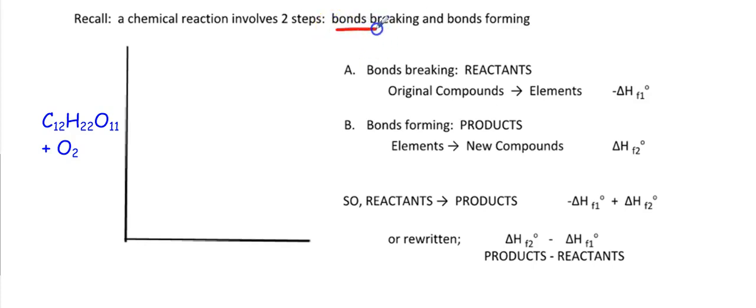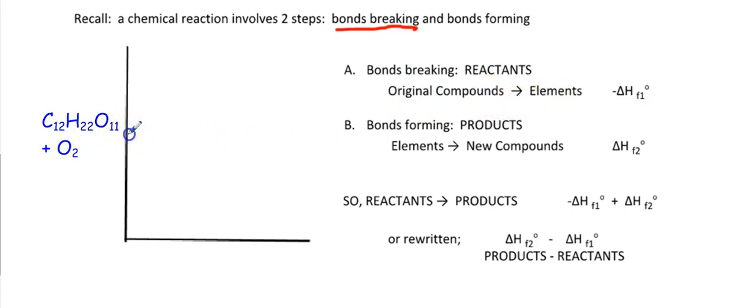I always have to break bonds, okay? So what does that involve? Bonds breaking are your reactants, and your original compounds are becoming their elements, okay? Look what I just said. The original compounds like C12H22O11 are becoming their elements.